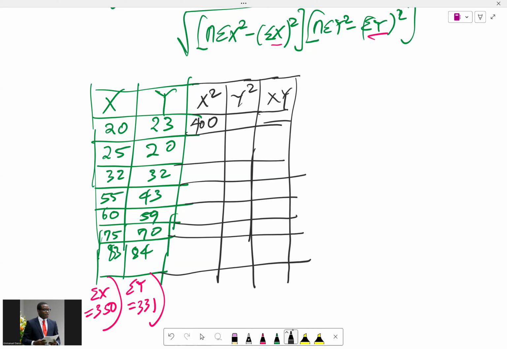So 25 squared is 625. 32 squared is 1024. Then 55 squared is 3025. Then 60 squared is 3600. 75 squared is 5625. 83 squared is 6889.